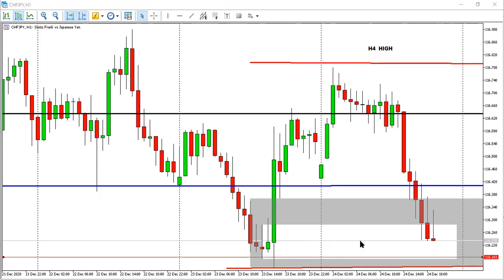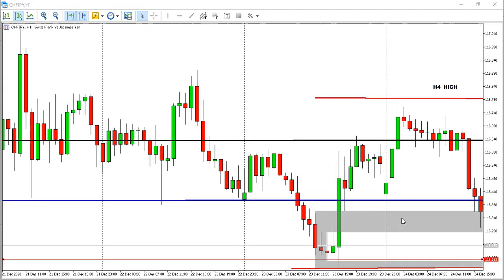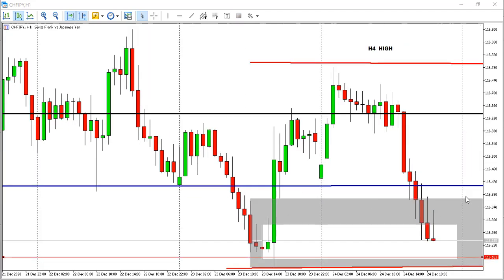But let me tell you, if you want to use that as your order block, and you want to place your stop loss, it should not be something around here.